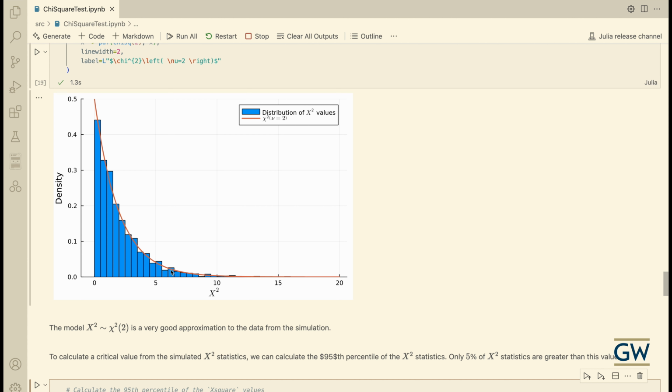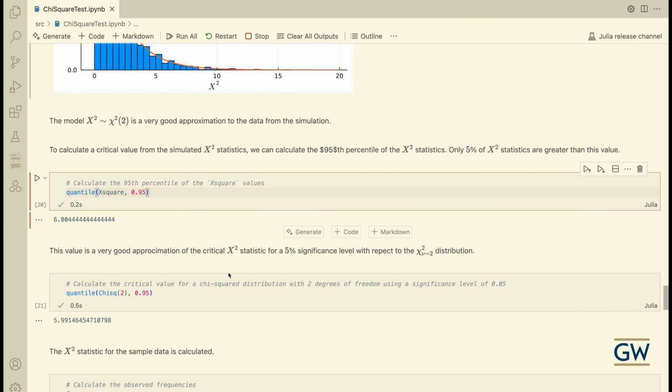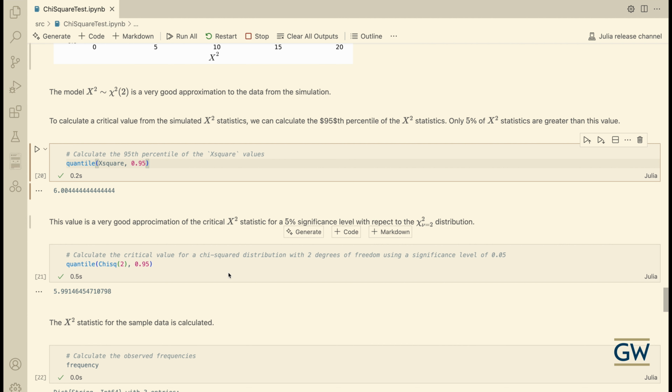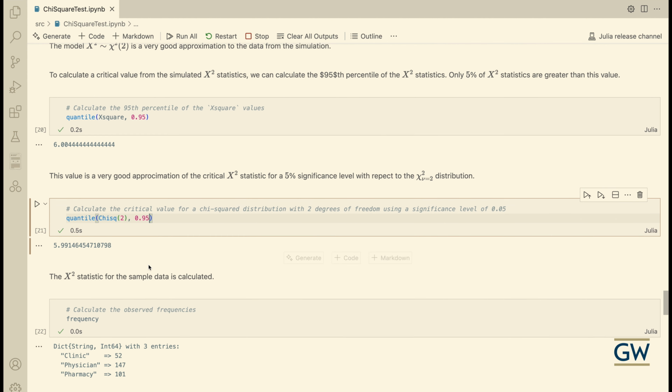So there is my critical value, and my region of rejection will be those 5% least probable values in that upper tail. Now look, if I do this from my theoretical model and use the chi-square distribution on 2 degrees of freedom and calculate the 95th percentile, I get 5.99. Look how close that is, 6.00, 5.99.